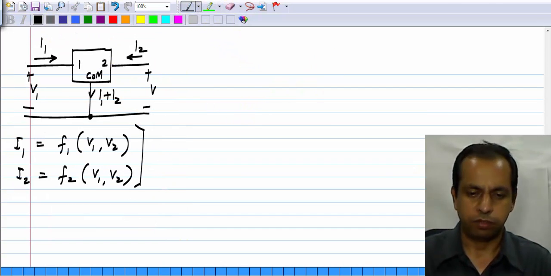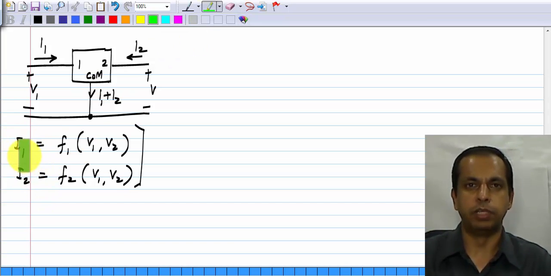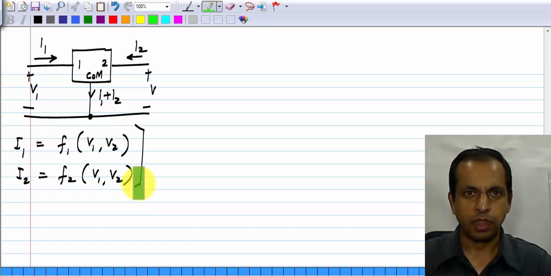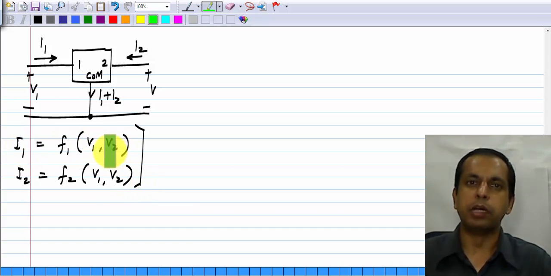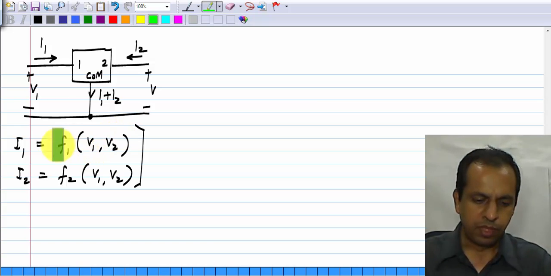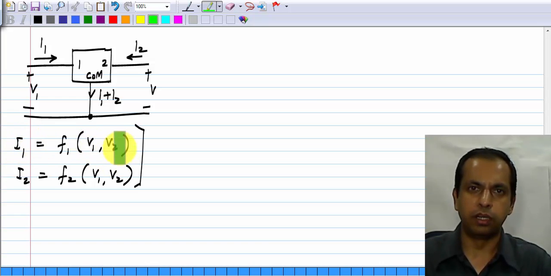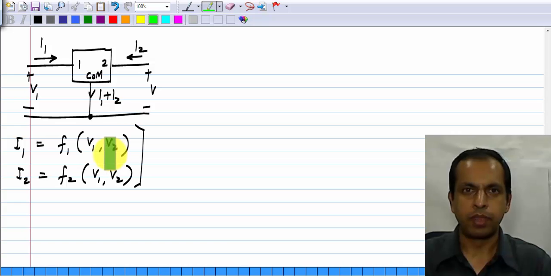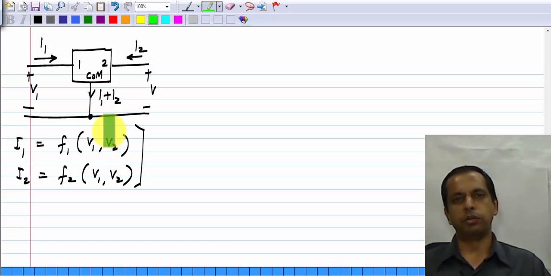Now, first of all, we have two quantities here, I1 and I2, and we have to draw graphs for both of them. Now, I1 is a function of two variables V1 and V2, and you can imagine a three-dimensional graph, that is, you have I1 as a function of V1 and V2, which are two dimensions by themselves. Basically a 3D plot, but such a plot is very hard to read and interpret.